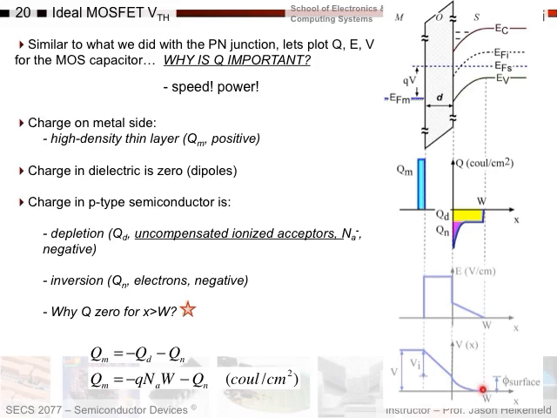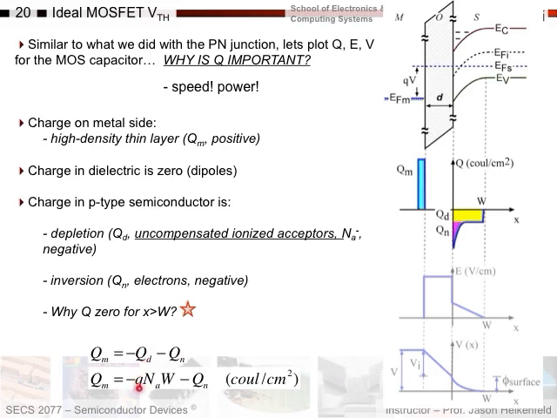So, if I want to calculate my charges across here, my metal charge, QM, is equal to minus QD minus QN, because these are negative charges, right? So I put negatives in there, and I end up with a net positive. I can calculate this as follows. QD is easy to calculate.